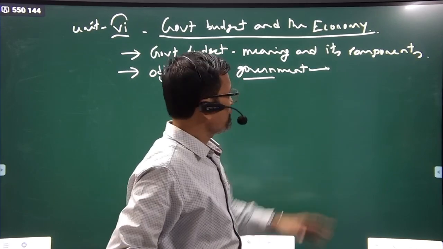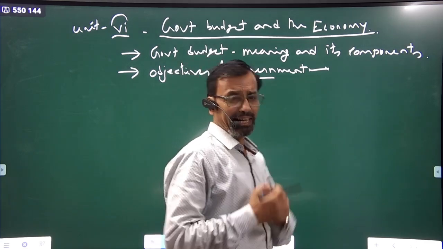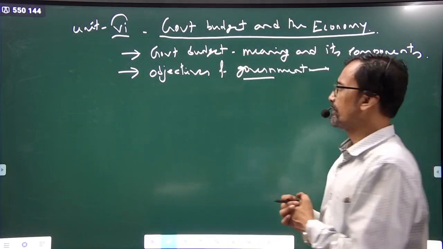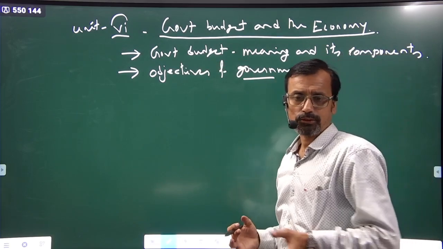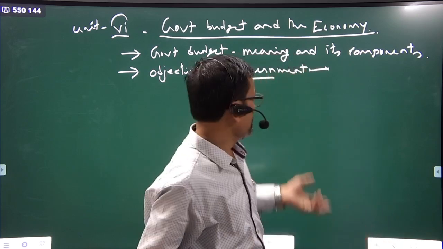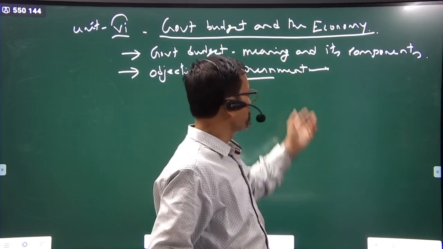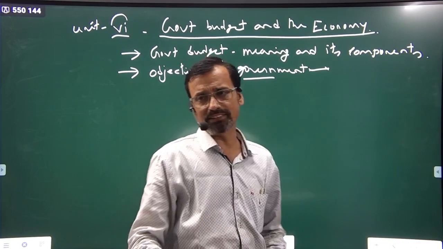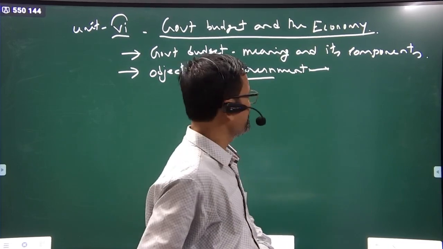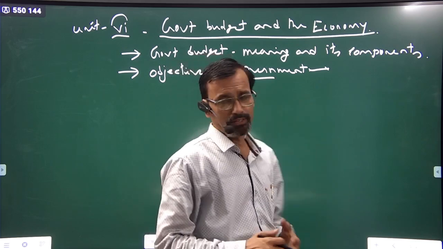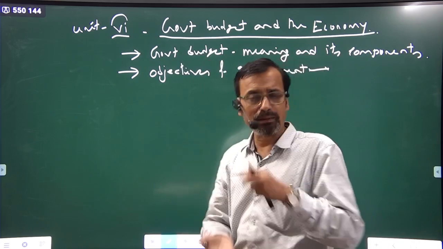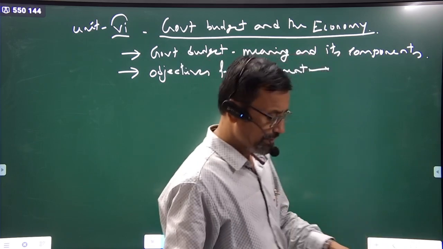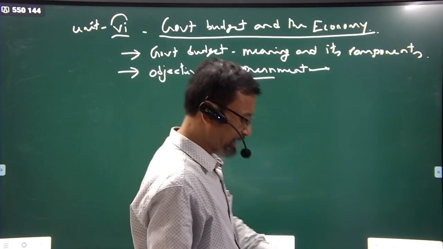By doing that, government can enhance the standard of life of the unprivileged sections. Government will spend the collected tax revenue on medical health facilities and education facilities for the enhancement of their standard of living. This is how we understand the objectives.